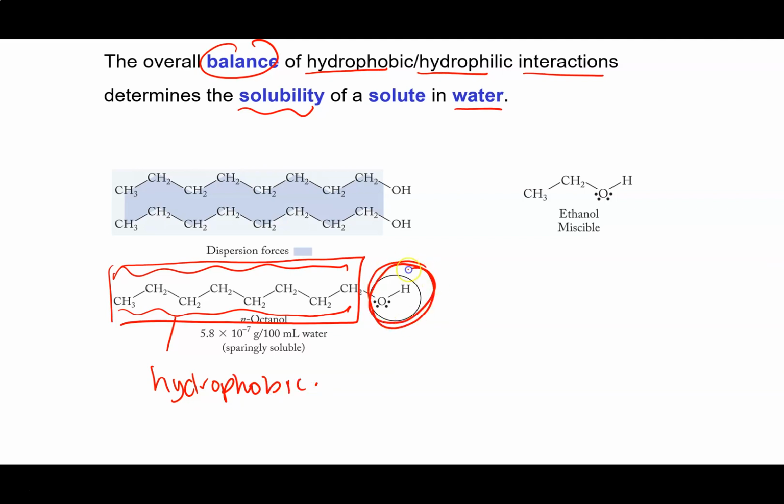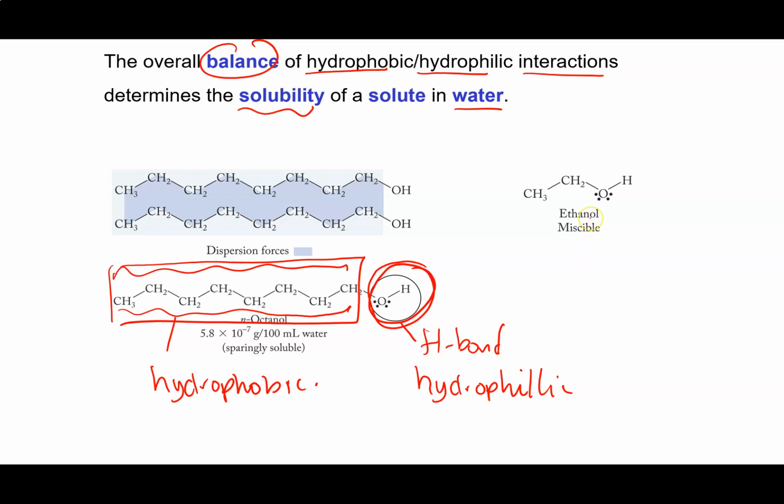But it does have this bit at the end of the molecule that is capable of H bonding, and that's going to be hydrophilic. That's going to increase solubility in water. So it's got hydrophobic and hydrophilic portions of the molecule.